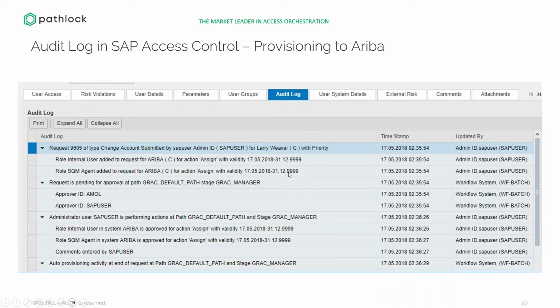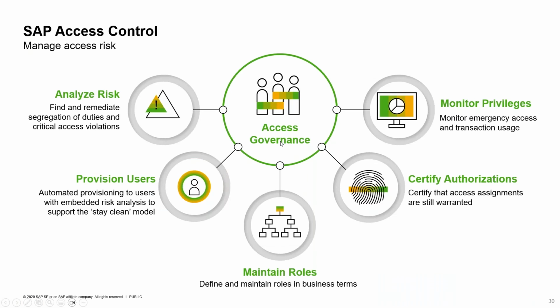Another thing to think about is from an audit or controls or SOX perspective, all of your stakeholders using access control for auditing and looking at audit logs continue to go into access control for audit logs. It's just that Ariba will be shown there. Your rules for Ariba will be shown in your change log for your risks, your user access reviews, and so on.